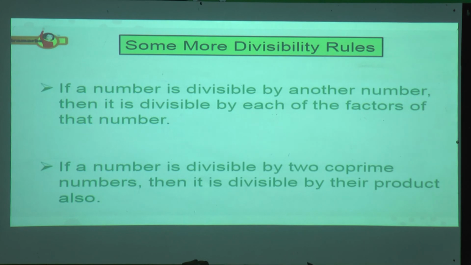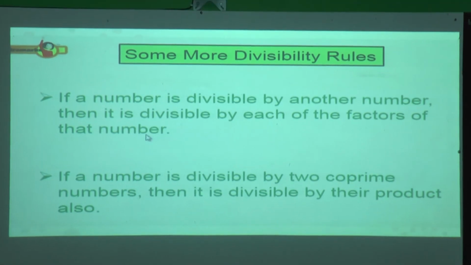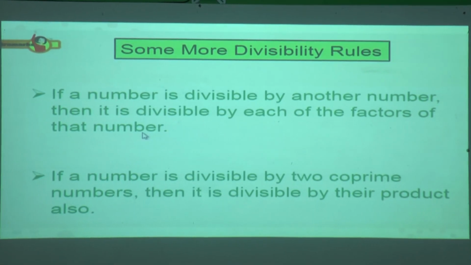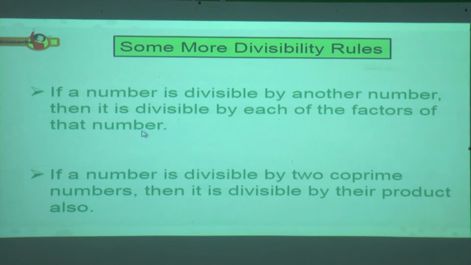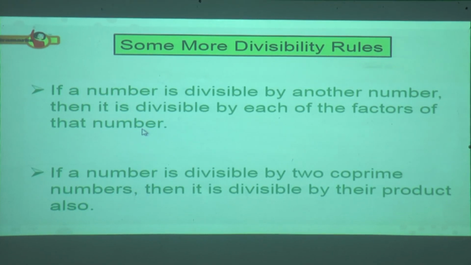So let us see a few important points here. Some more divisibility rules. If a number is divisible by another number, then it is divisible by each of the factors of that number.